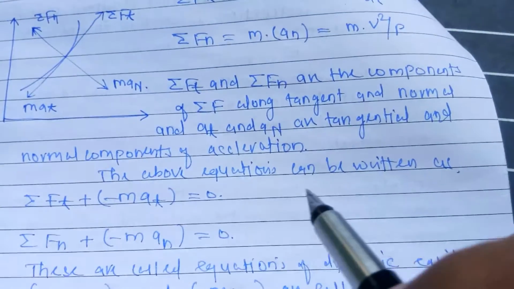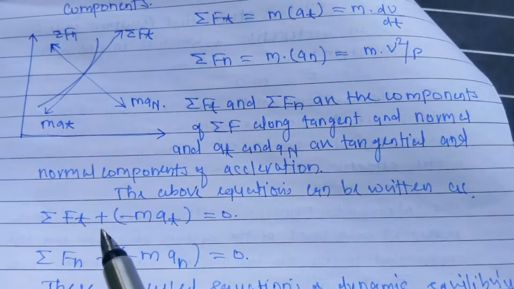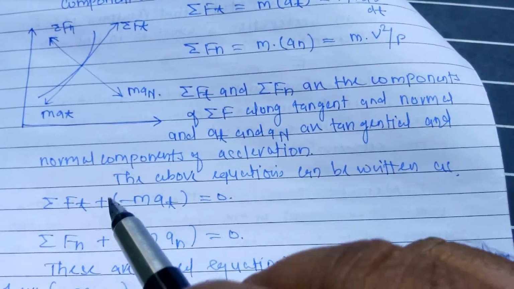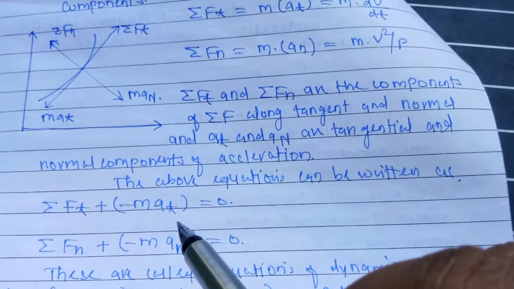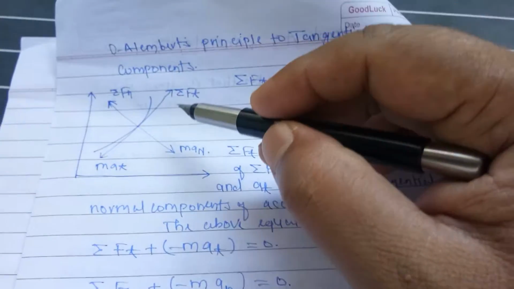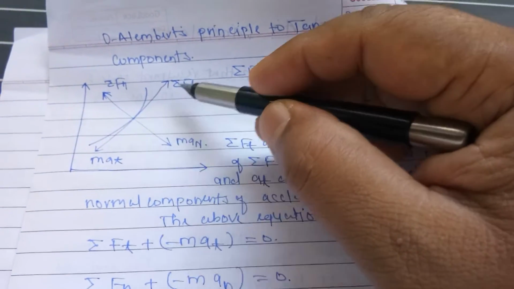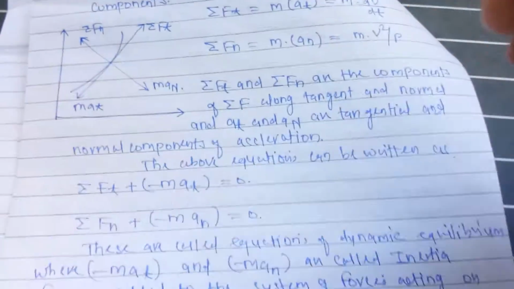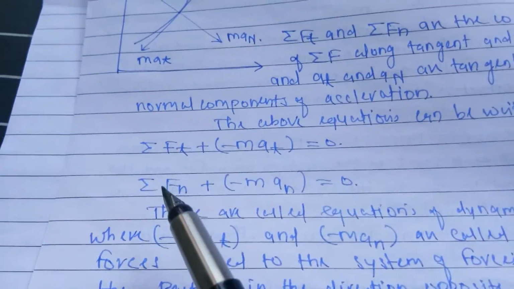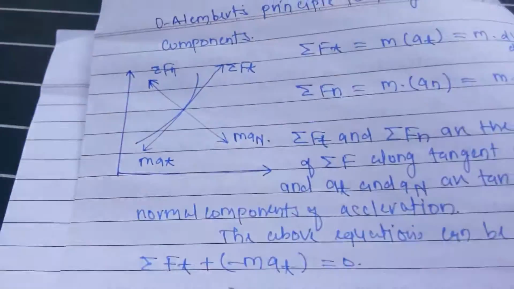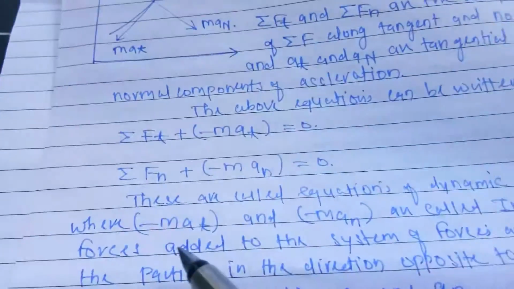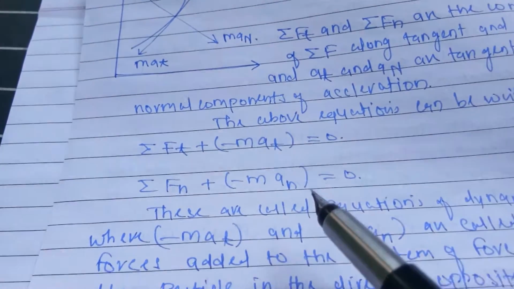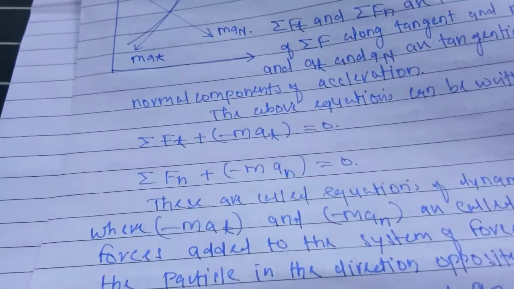The above equations can be written in the earlier form: summation of Ft plus (minus m at) equals 0, and summation of Fn, the force in the normal direction, plus (minus m an) equals 0.